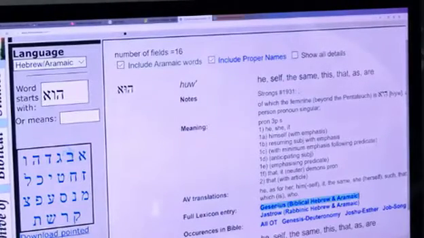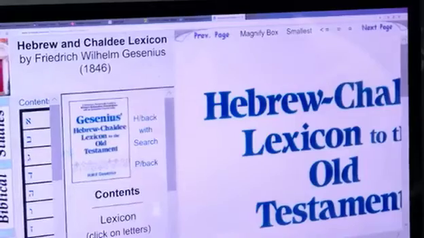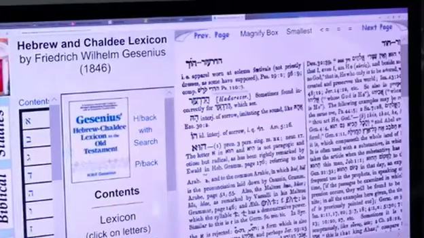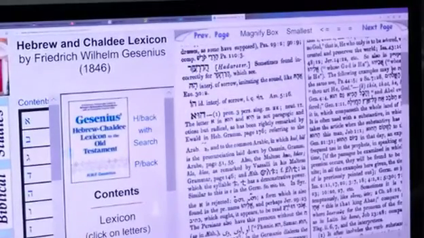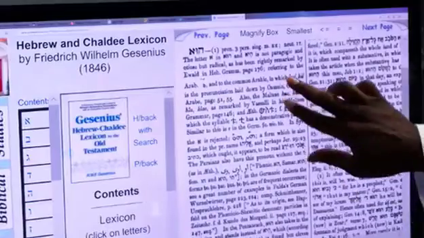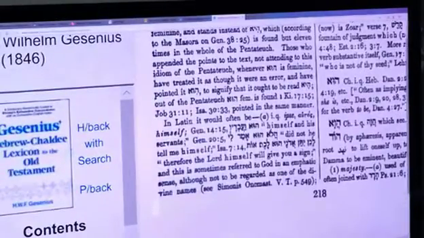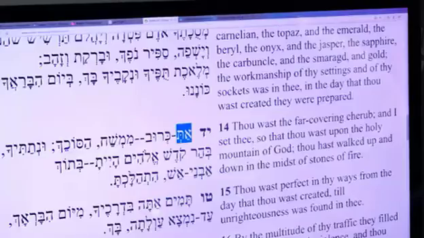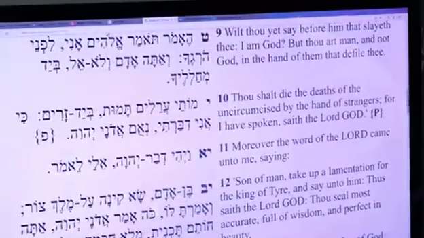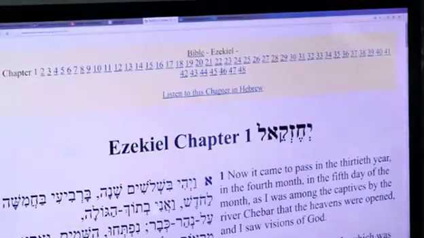So we're going to go to the Descendants and see if they give us some biblical examples. Let's go to Genesis 14, verse number 15.